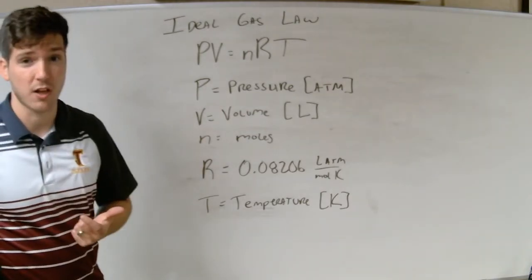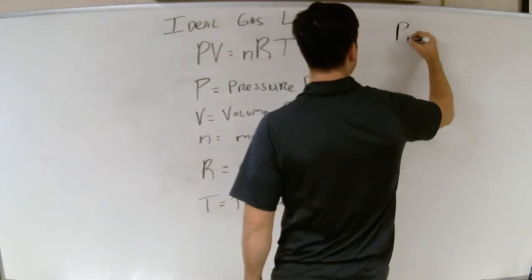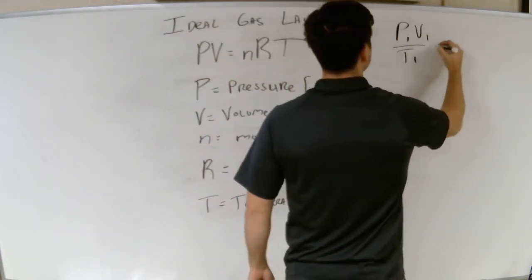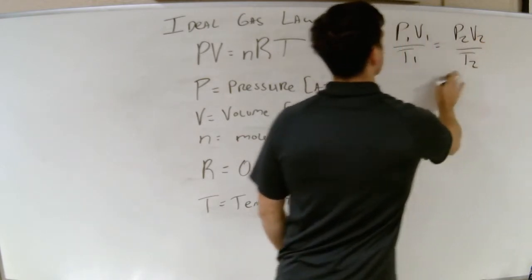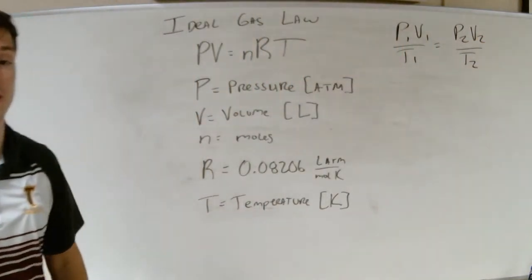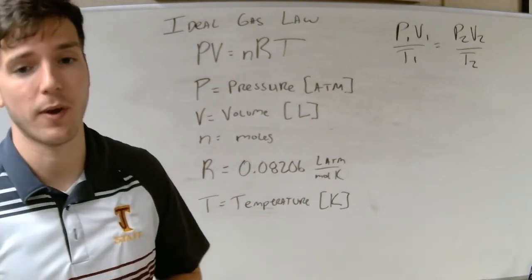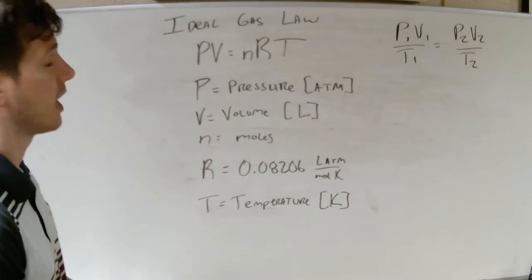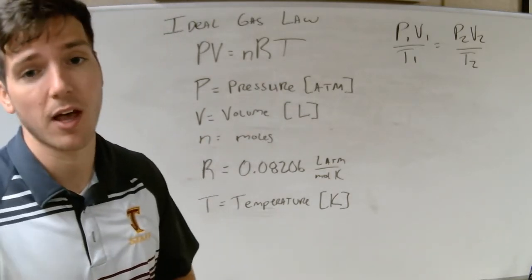One of our gas laws is the combined gas law, which is P1V1 over T1 equals P2V2 over T2. And you might be saying, I really don't want to remember that. That's a lot of work. You don't have to. You can use the ideal gas law to help you figure it out.